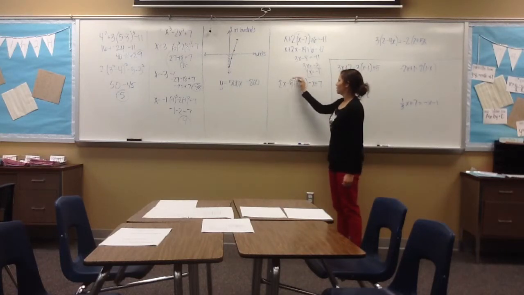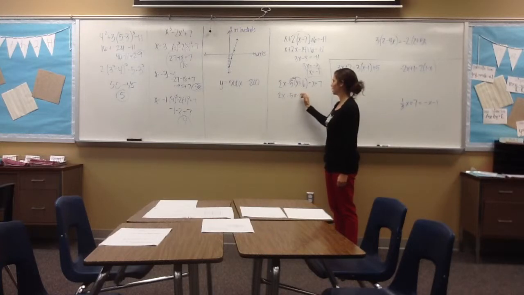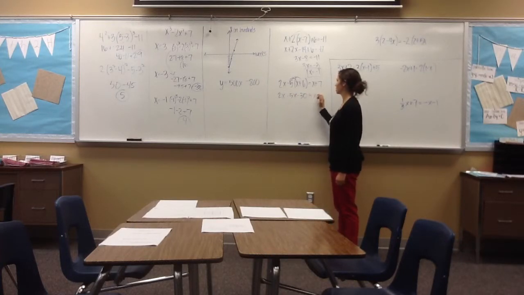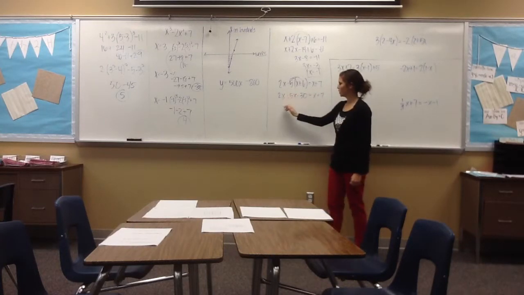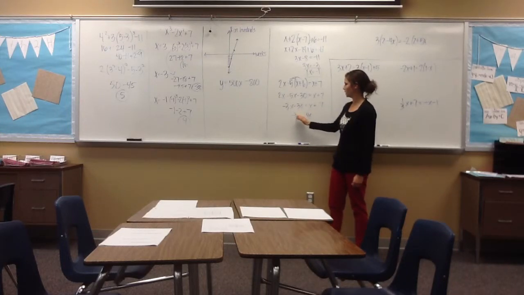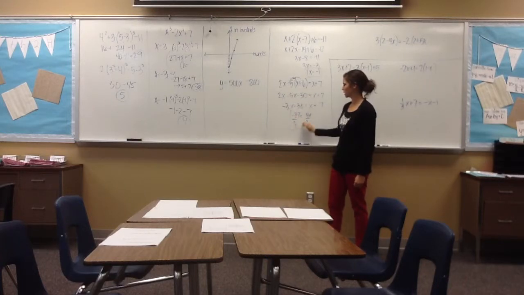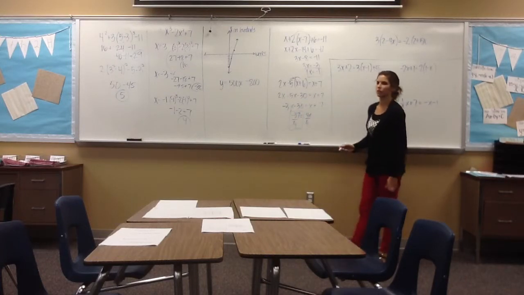For this one, I'm going to distribute the negative 5 through, so 2x minus 5x minus 30 equals x plus 7. Combine those, that's negative 3x minus 30. I'm going to add x over, so that's 4x equals negative 37. Divide by 4, so then x equals negative 37 fourths.